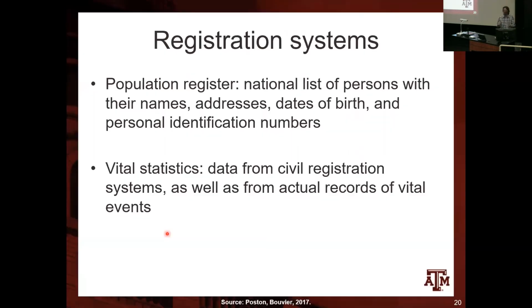Another important source of demographic data are the registration systems. The registration systems are collected on a continuous basis. It's pretty much the national list of persons with their names, addresses, dates of birth, and person identification number.